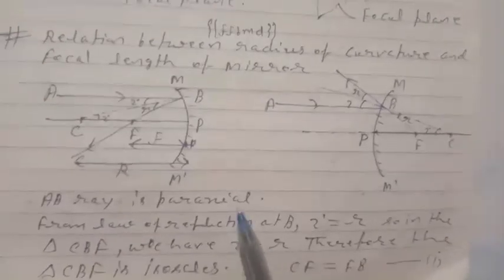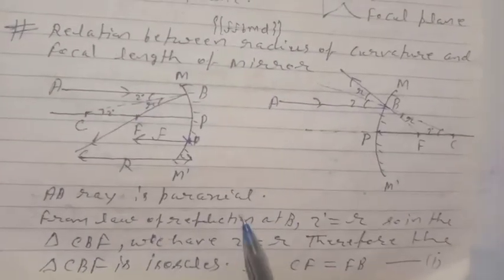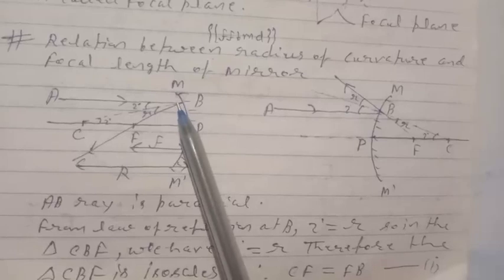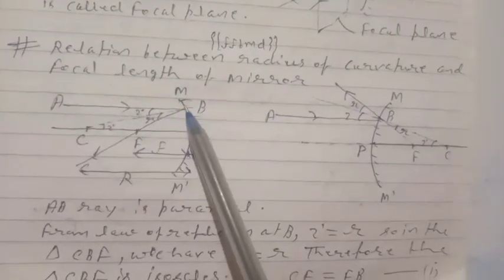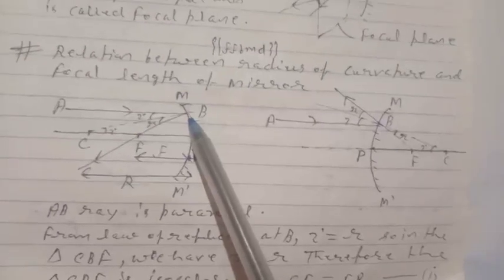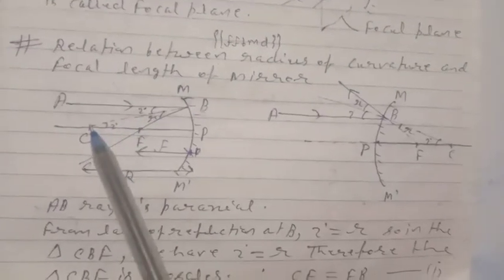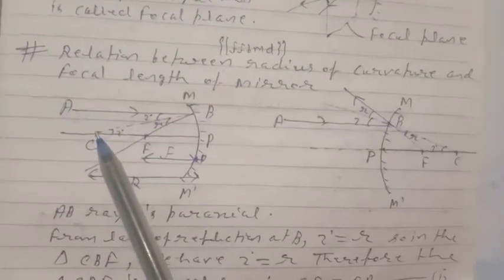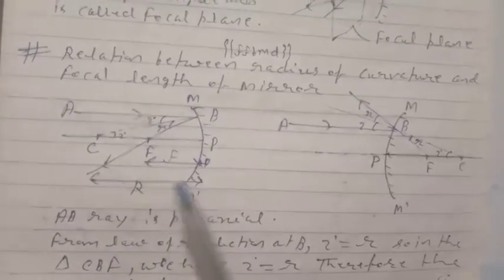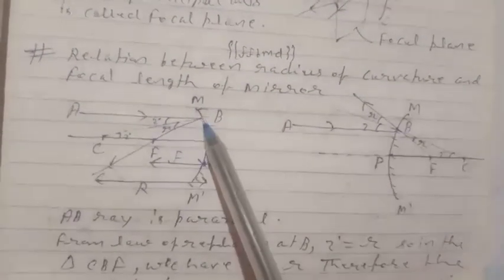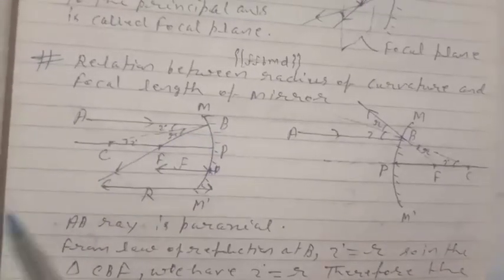Here, the AB ray is paraxial. From the law of reflection at B, I equals R. If we draw a perpendicular from this point, it will go through the center of curvature, because the mirror is part of a sphere, so the normal must go from the center.